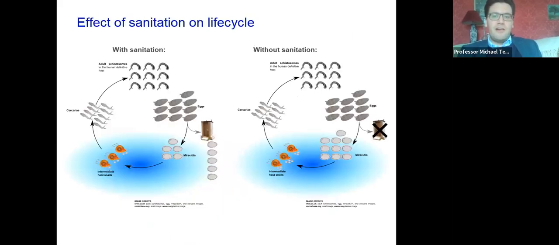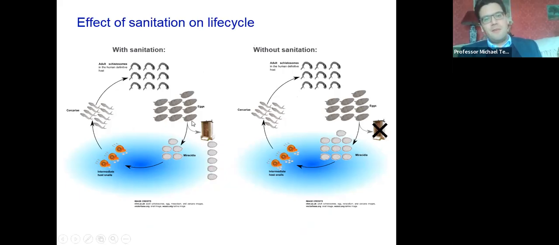And so, as I said earlier, you have to think a bit about the math of the life cycle. If you look at the diagram on the left here, a community with sanitation, and the one on the right without sanitation, in terms of access to toilets, you can see on the left some of the miracidia are probably going to end up in the toilet.